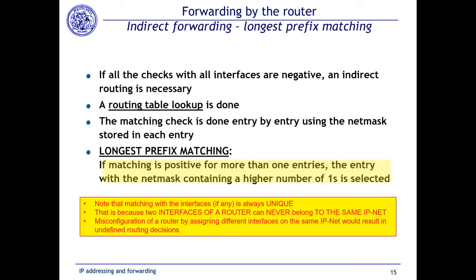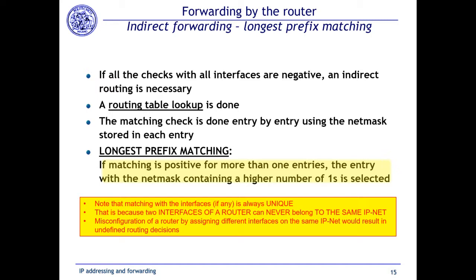Why do we need to apply this longest prefix matching? When you look up into the routing table, and we didn't talk about longest prefix matching when we were looking up the output interfaces, this is because a packet can match at most one interface address.